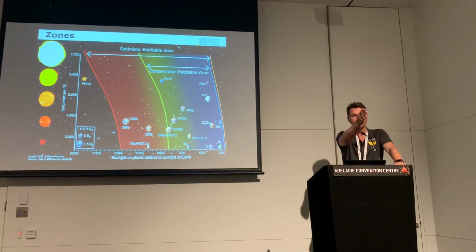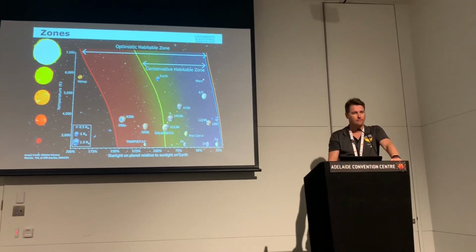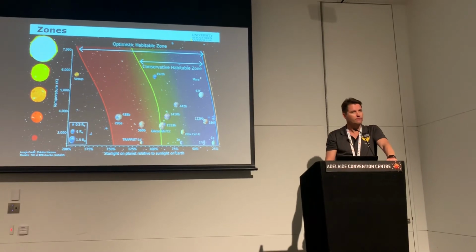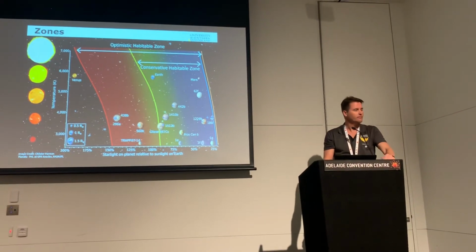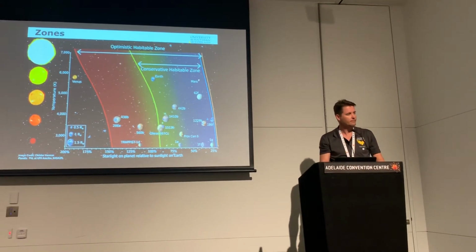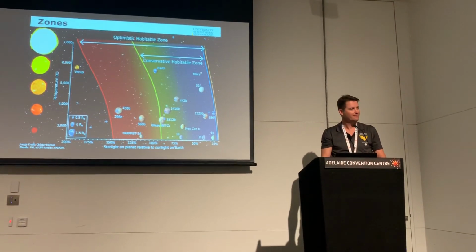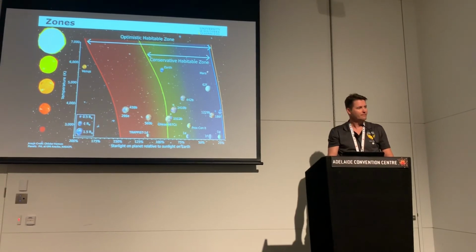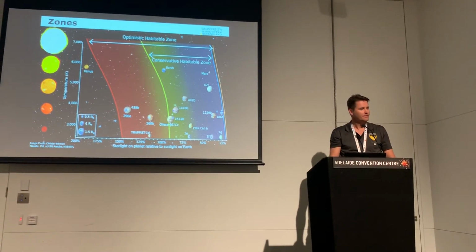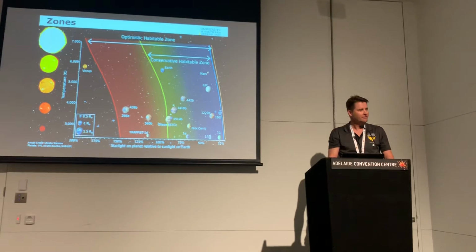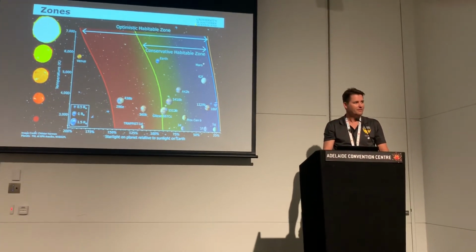If I could jump in for a moment, if a planet is in a very close orbit, it'll be tidally locked like the moon is around the Earth. The insolation will be cooking one part of the planet perpetually, and that's when you start to invoke the global climate models to see what sort of climate you get from perpetual heating on one side and nothing on the other. That's where it gets interesting from my point of view.